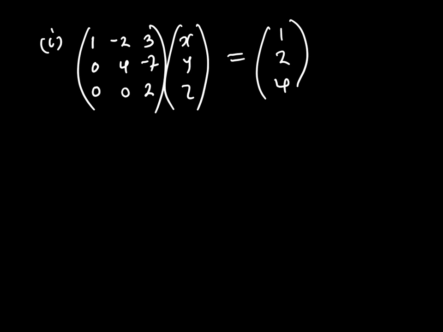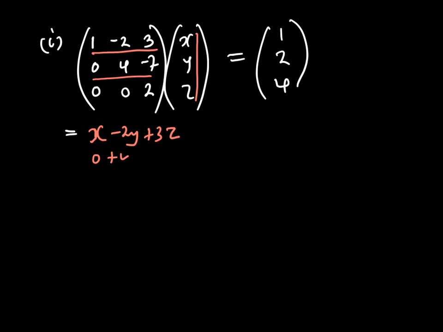So what happened is, let's multiply. Go by column. Okay. This row multiplies everything here. You have 1 by x is x. Okay. -2y plus 3z. That's the first element. Then the second element will be 0 times x is 0.